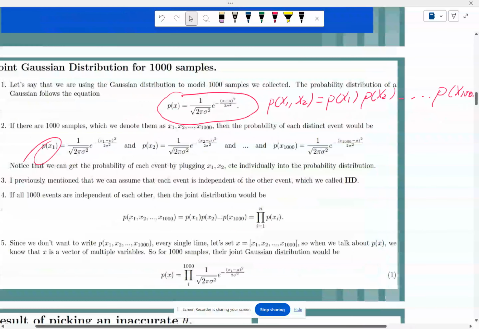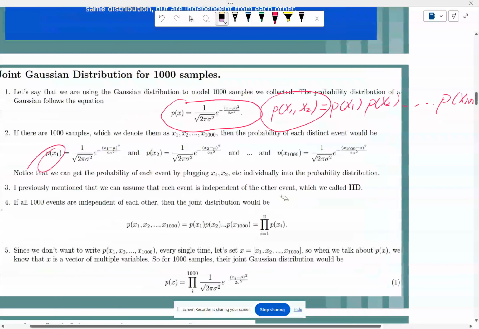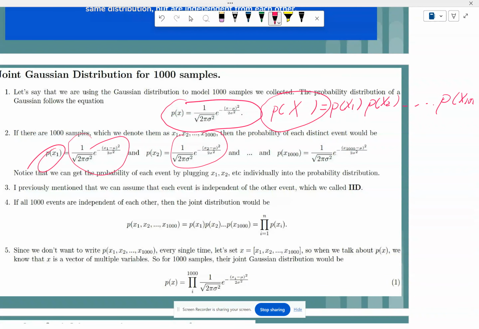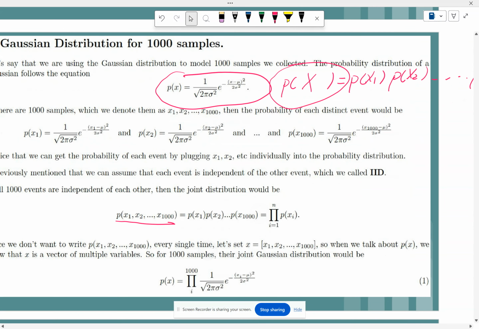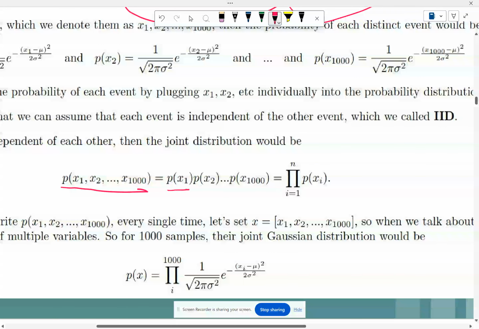And now this means that the joint probability distribution is simply the product of all of them. You're going to multiply all of them together. Notice the joint probability distribution is simply the probability of the first one times the second one, all the way to the 1,000th. And this is based on the assumption that they're independent.